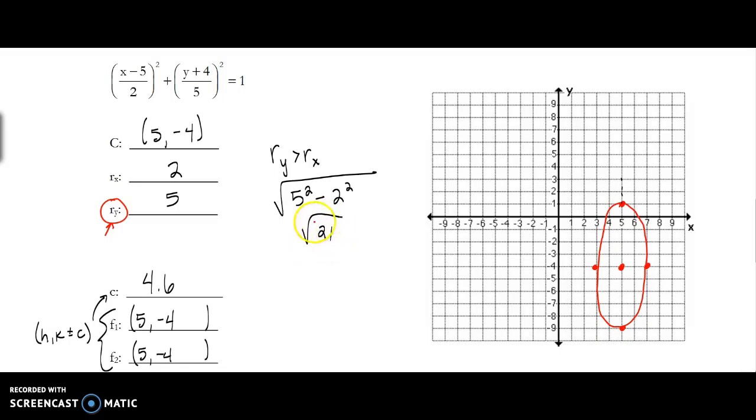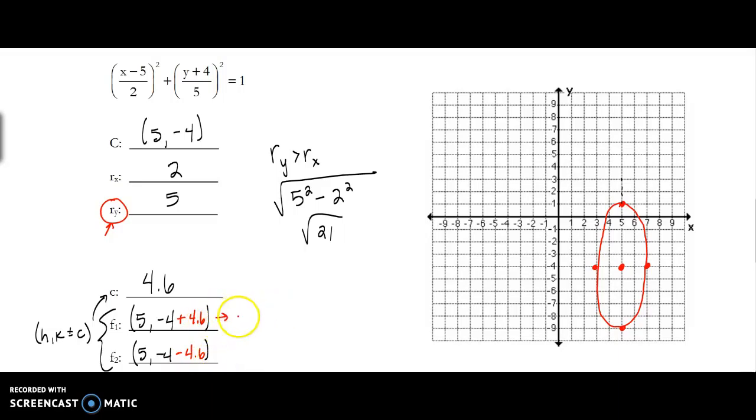So after you've simplified, you should get square root of 21, which gives you 4.6 for your focal radii. Since our y was bigger, we have to add this 4.6 to our y value. So we're going to add 4.6, and we're also going to subtract it.